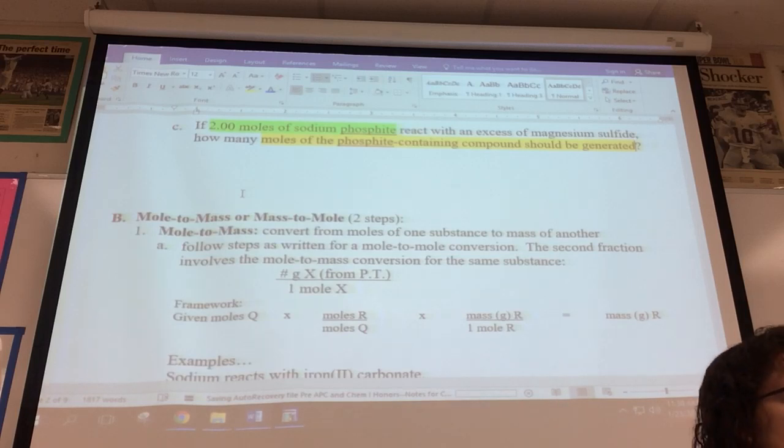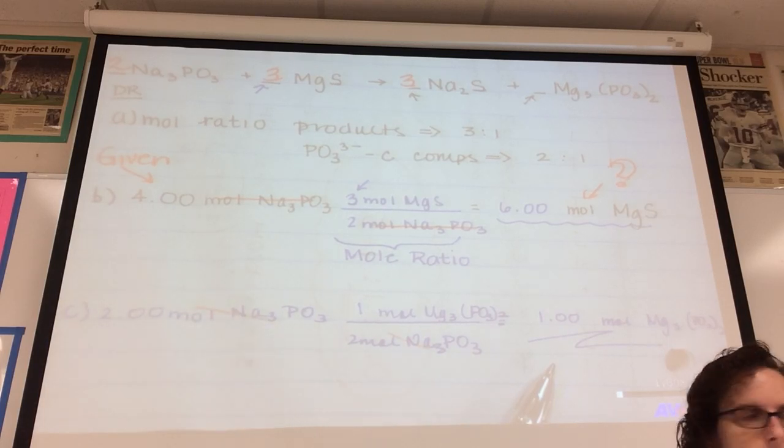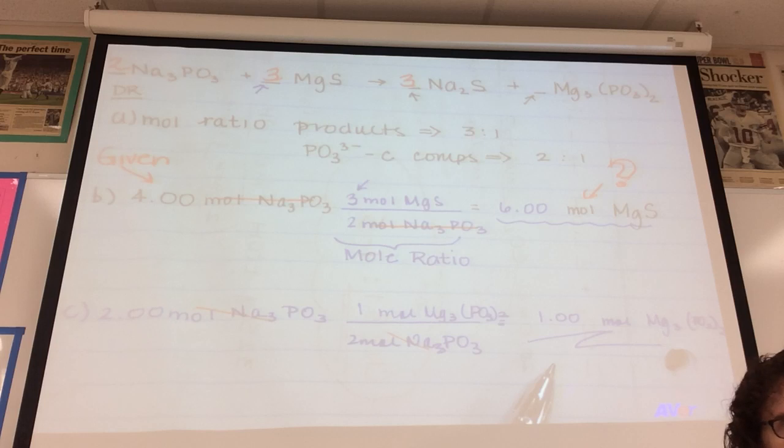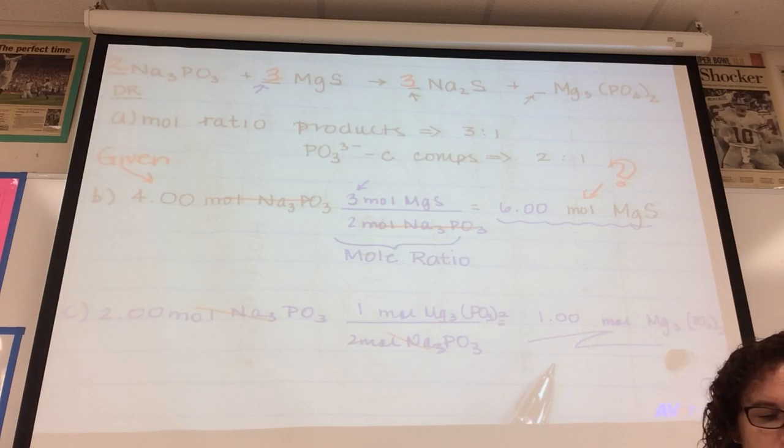How'd we do? I guess that's what we were looking for. It said moles of the phosphate-containing compound that should be generated.